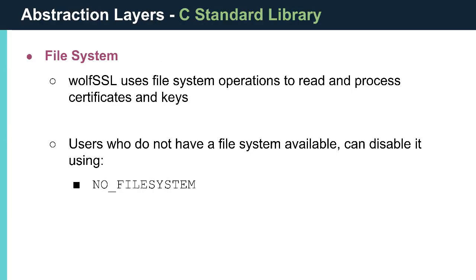For file system use, wolfSSL does use file system operations by default. We use them to read certificates and keys. And if you don't have a file system available on your platform, just build wolfSSL with NO_FILESYSTEM defined, or I think we also have a disable-filesystem enable option.